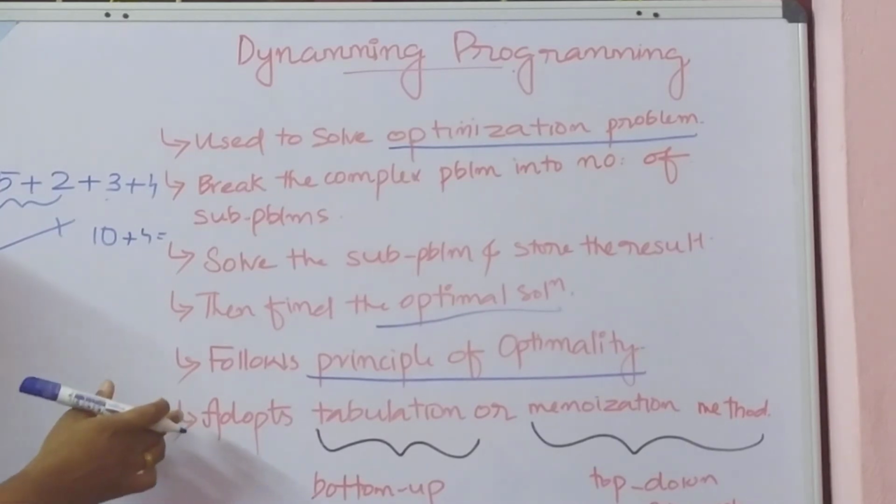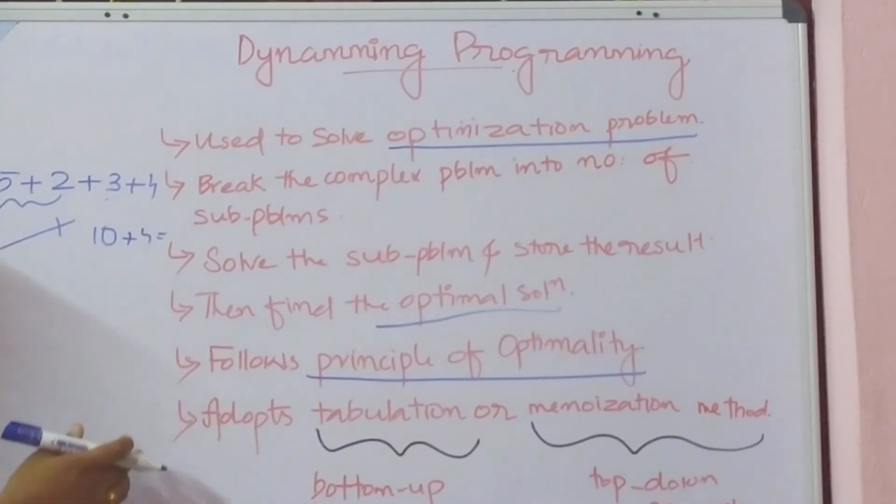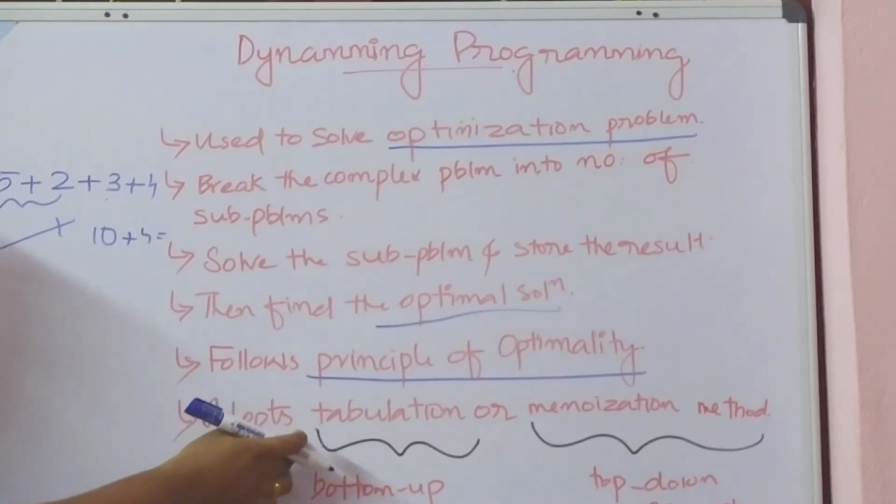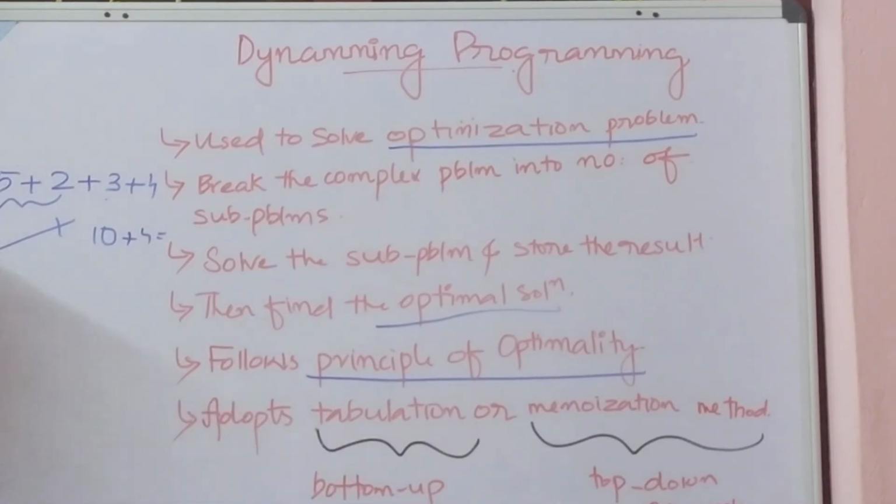For that, dynamic programming adopts two methods, tabulation or memoization, which are used to store the results of the sub-problems. That is, we store the results in table or array form. Tabulation uses a bottom-up approach and the memoization method uses a top-down approach.